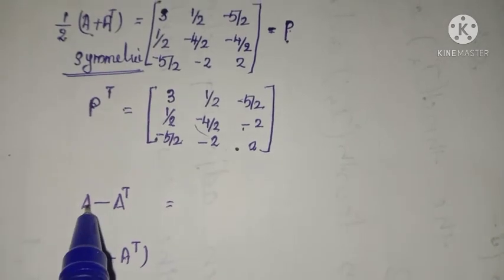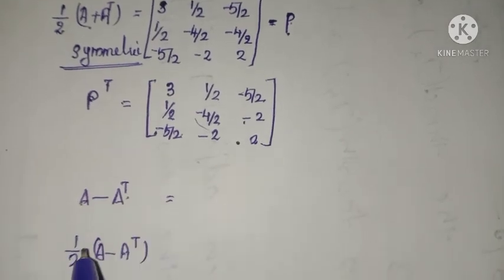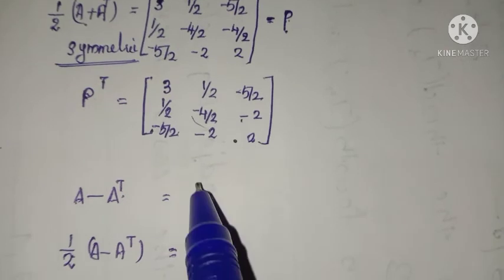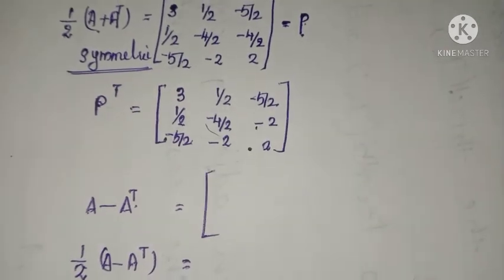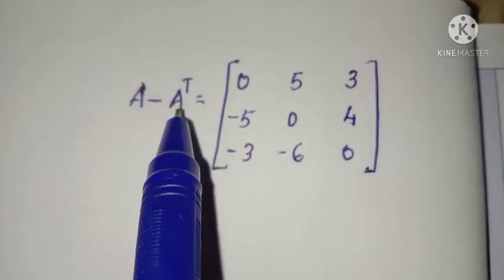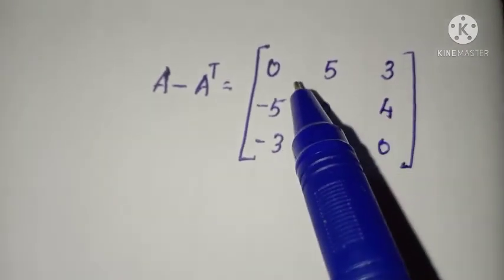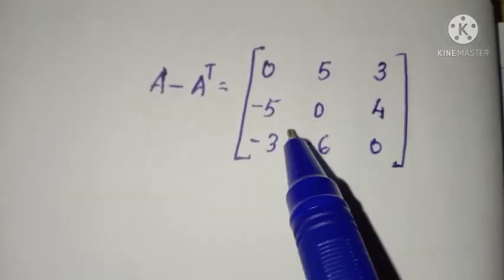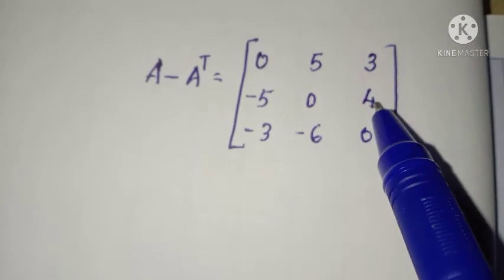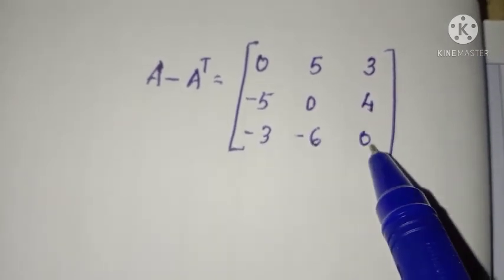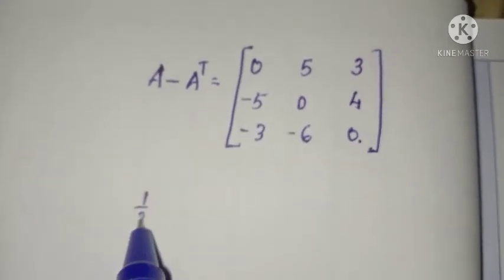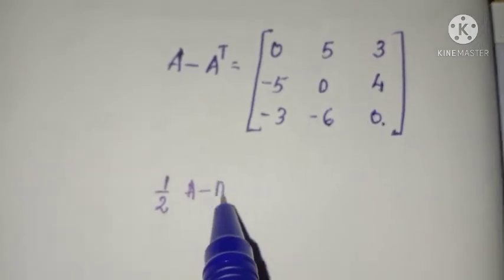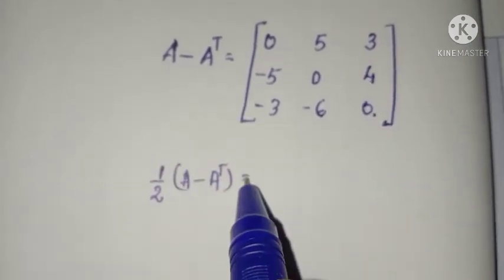Now see what is A minus A transpose and half into A minus A transpose. Okay, subtract A and A transpose and multiply with 1 by 2. A minus A transpose is the matrix 0, 5, 3; minus 5, 0, 4; minus 3, minus 6, 0. Now half into A minus A transpose is the matrix.